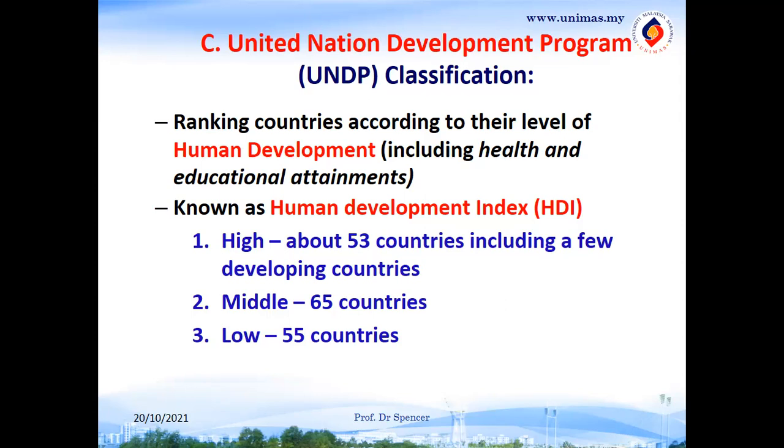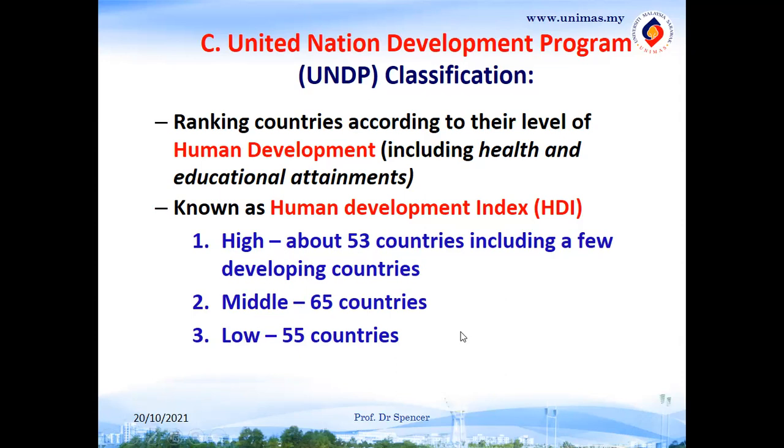From their classification, about 53 countries, which include a few developing countries as well, are considered high on the Human Development Index, and 65 countries are considered middle, and 55 other countries have low HDI ataupun Human Development Index.